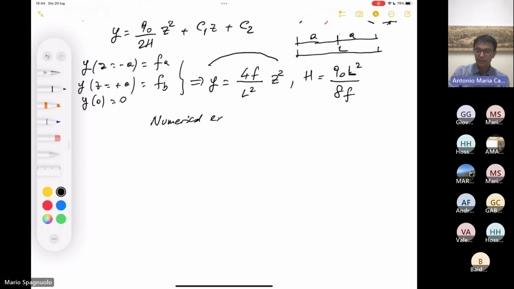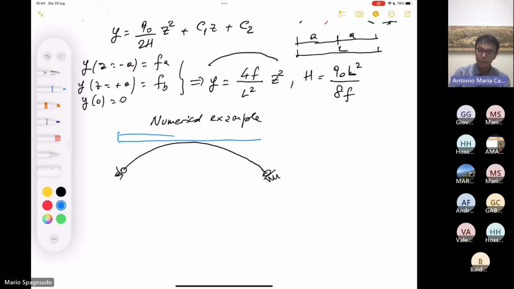We deal with a statically indeterminate example. So we have a parabolic arch which has two hinges and is subject to a uniform distribution of vertical load per unit length of the horizontal projection.